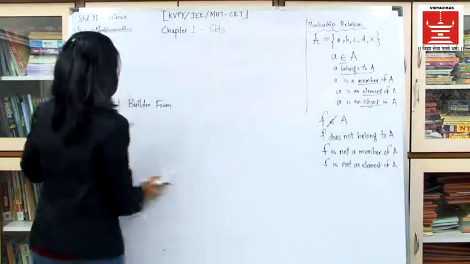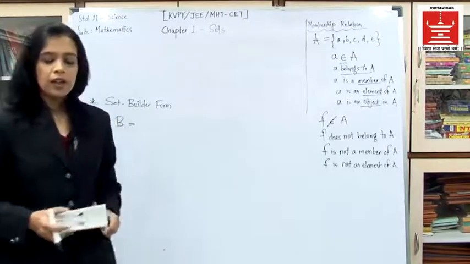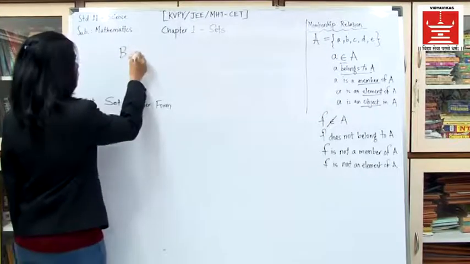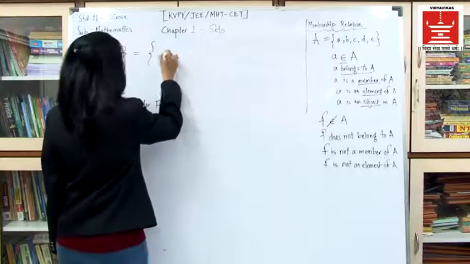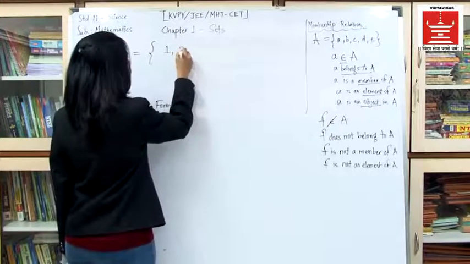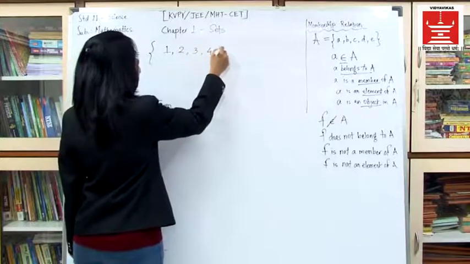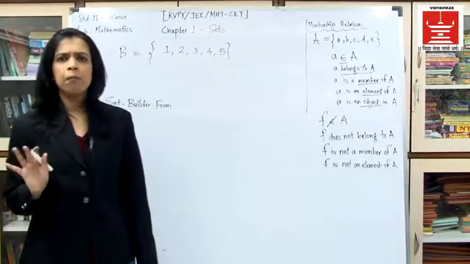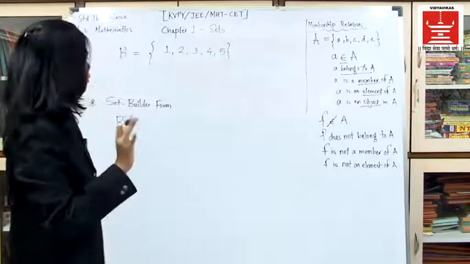Let's say there is a set B. In the roster form, I am going to list down the elements as simply first 5 natural numbers 1, 2, 3, 4, 5.